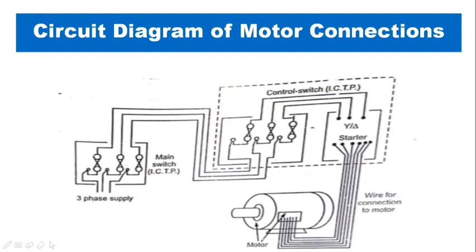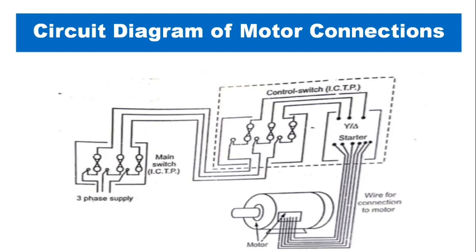Wiring is given first from the 3-phase ICDP switch to the control switch, then control switch to starter, and from starter to the motor.